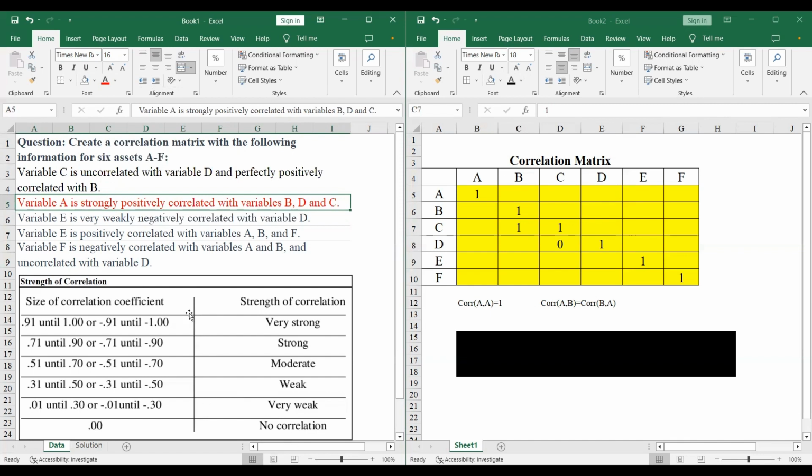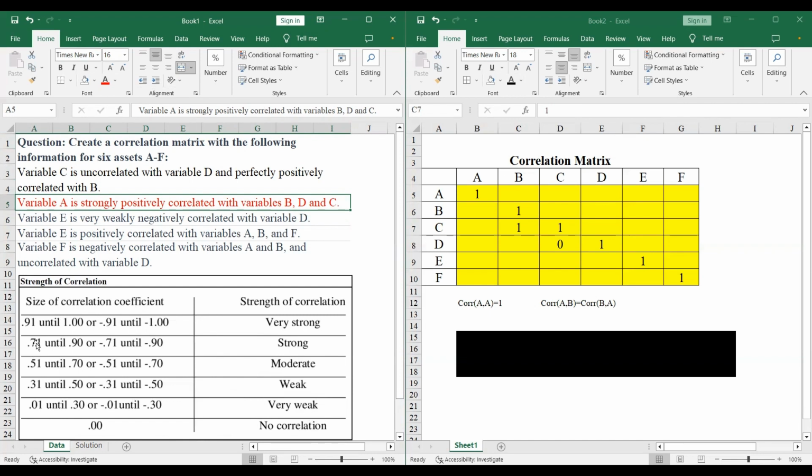Now, from the correlation table, you can see that for no correlation, the value of the correlation coefficient will be 0. But when this relation is very strong positive, then this should be between 0.91 and 1.